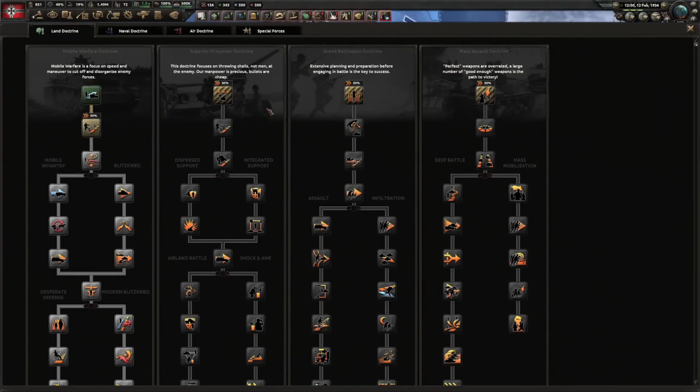Another issue with line artillery is that you don't really get any bonuses from the doctrine. Now, you might think that superior firepower does give a lot of artillery bonuses, but you are actually mistaken. The bonuses you do get is mostly from these two, which both give bonuses to support companies, which does count for support artillery, but doesn't count as line artillery.